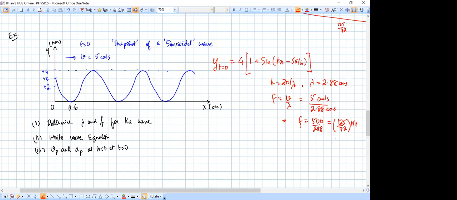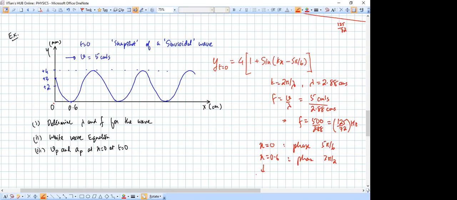Ganesh, you're getting a different wavelength. But see, at this point, x equal to 0 corresponds to a phase of how much? It corresponds to a phase of 5 pi by 6. And x equal to 0.6 corresponds to a phase of 3 pi by 2.